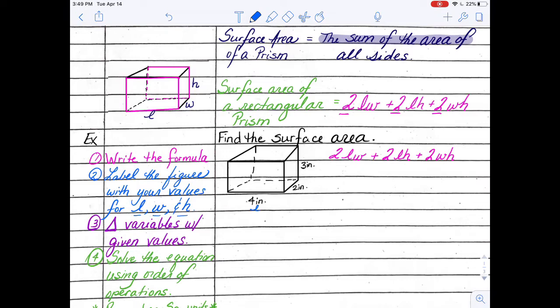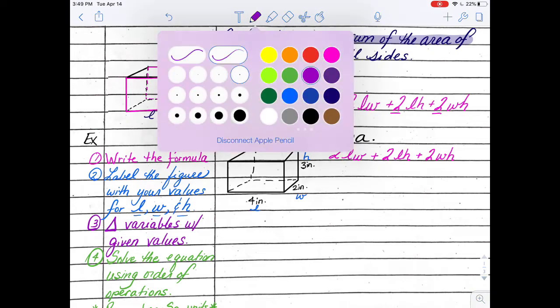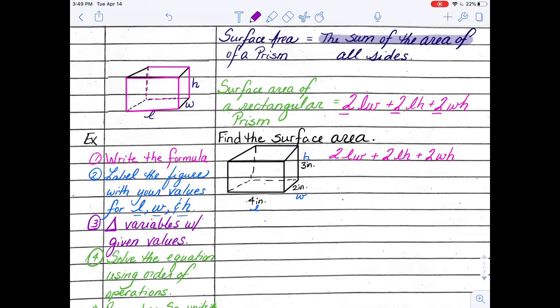So our length, we're going to put right here with the 4. The width is the 2 inches, and the height of the figure is the 3. So now when we go ahead to solve it, we're just going to change the variables with the given values. So we've got 2 times L, of course, length would be 4, times the width, 2.